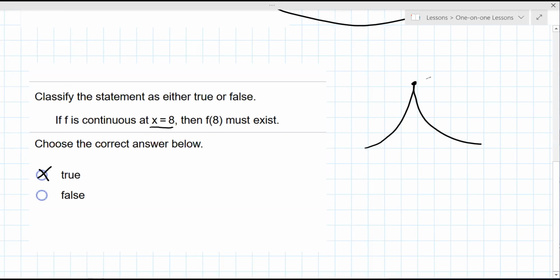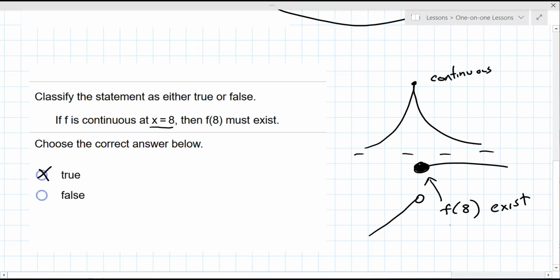An example of something that would not be continuous is if there's a hole. But if that top one was filled in, it would exist, but it's not continuous. So here f of 8 exists, but it's not continuous. It's backwards from this right here. Okay, so we're assuming this is true.